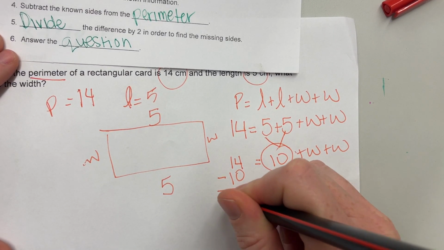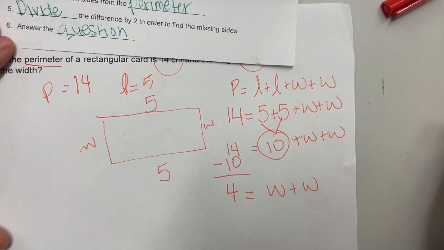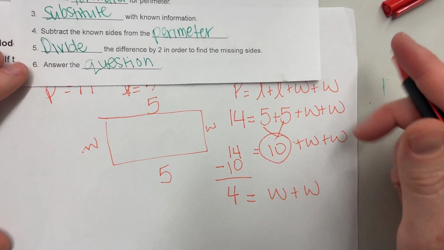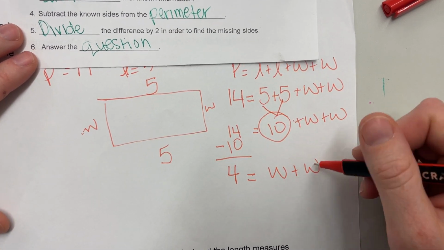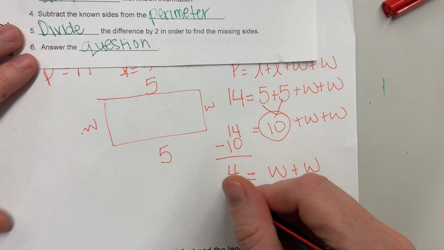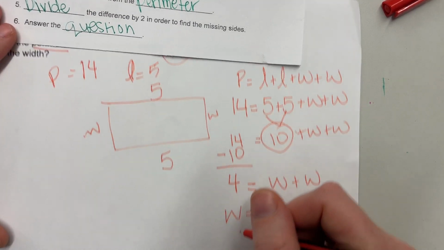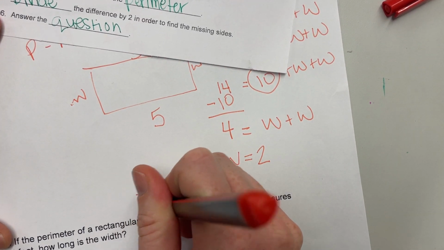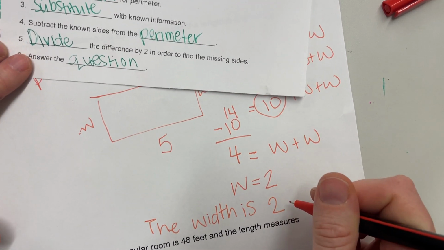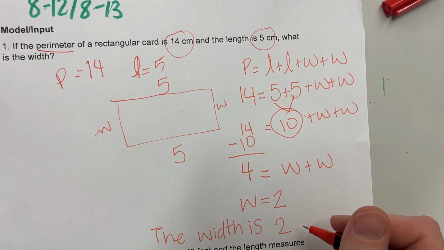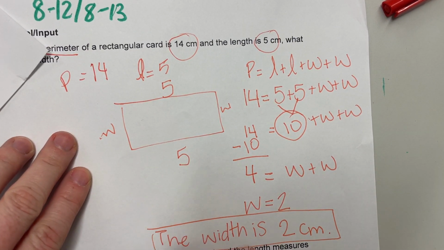So I get 4 equals W plus W. Now I need to divide the difference by 2 in order to find out what W is, or I know that 2 plus 2 equals 4, so W equals 2. So what is the width? The width is 2 centimeters, and that is my answer.